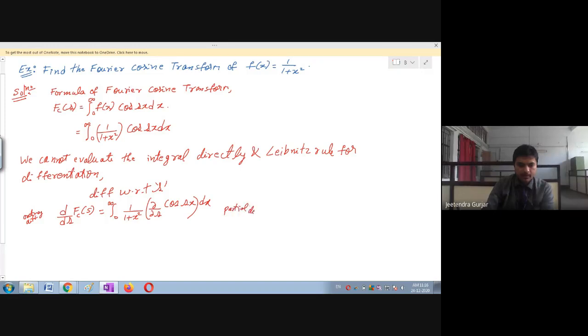Please remember why we use partial differentiation, students: because if there is more than one variable, one variable will be considered constant, and we take s as our variable. So now you can see in cos sx, x will become constant, therefore I will take it outside.